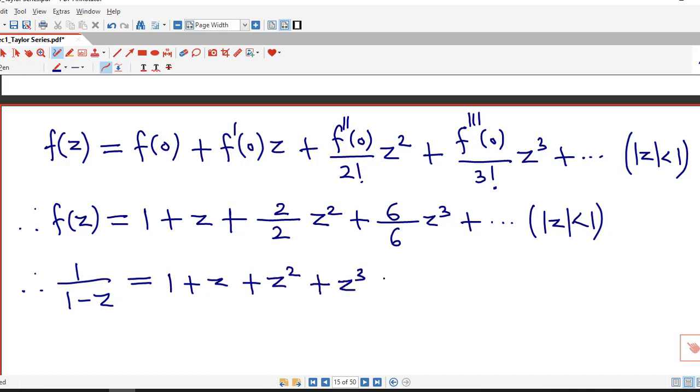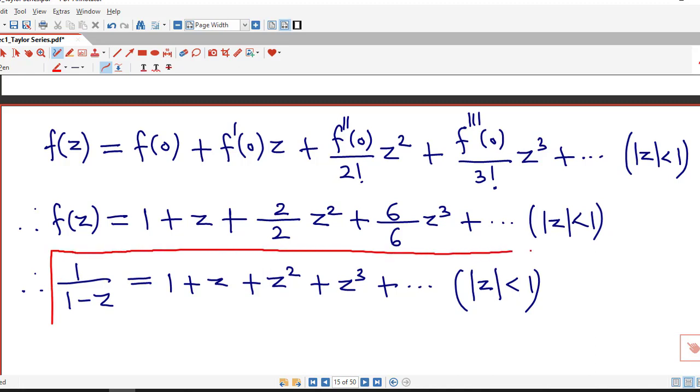Here 6 will cancel out, so we can see we obtain geometric series as a Maclaurin series of this function 1 over 1 minus z. So in this way we can find out Maclaurin series of this function, which is valid in the open disk mod z less than 1.